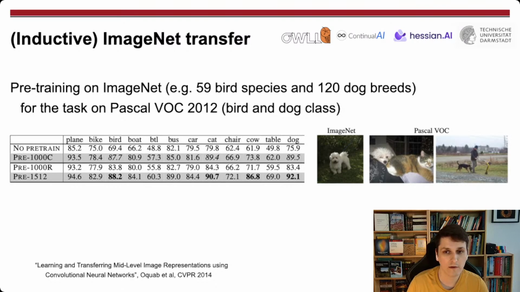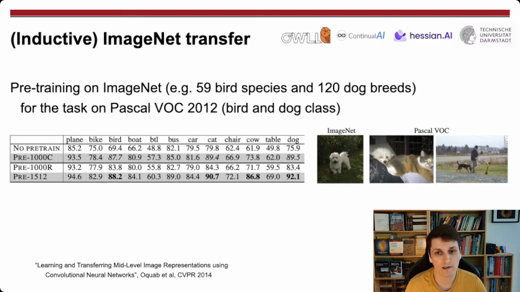And so in transfer learning here, we can see on this numerical table that there's a difference in whether we do no pre-training, meaning we just train on Pascal here from scratch, and we do achieve, in fact, decent accuracies. But when we pre-train, for example, on these 1,000 classes of ImageNet, then this boosts up by quite a significant amount.